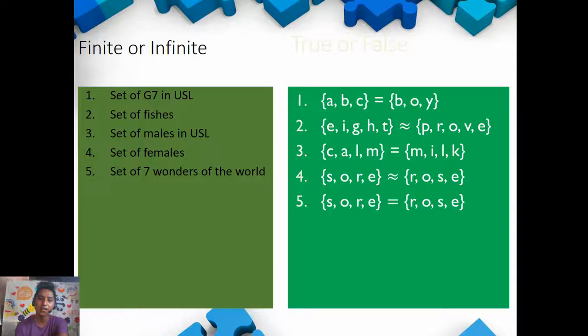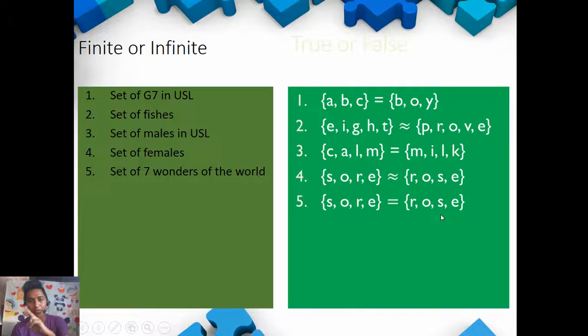Next, number 4, SORE is equivalent to ROSE. How many elements are there in the first set? 1, 2, 3, 4, and in the other set, ROSE. Yes, they have the same number of elements, therefore they are equivalent set. Next one, SORE is equal to ROSE.